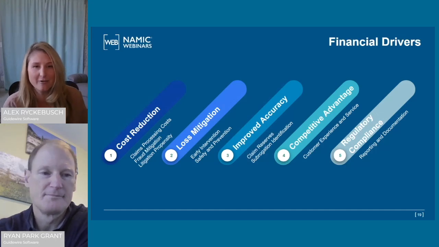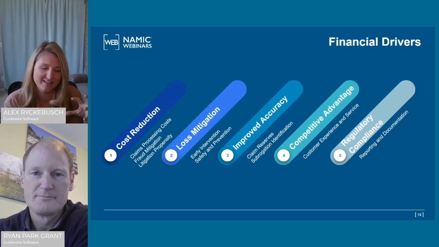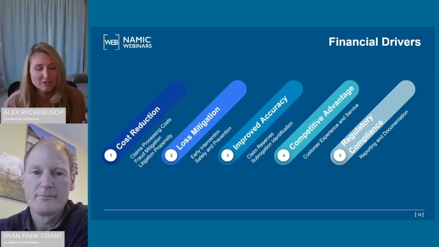So how do we really need to look at the financial drivers and where we can influence change and where we will see that ultimately in our bottom line? So we encourage carriers to think about it, especially as they're prioritizing what types of use cases they'd like to implement, really looking at how they would impact cost reduction.